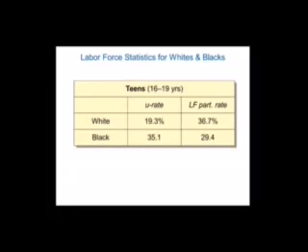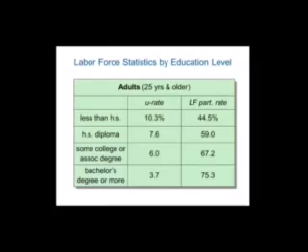If we look at teens, people between the ages of 16 and 19, the unemployment rate is much higher and the labor force participation rate is also much lower, because most teens in that age group are full-time students. Looking at other ethnic groups, Asians have an unemployment rate of 5.3%, whereas Hispanics have an unemployment rate of 9%.